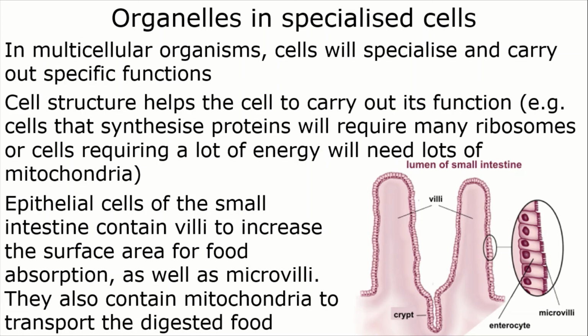And on the very right-hand side of the screen, the enterocyte cells that make up the villi are individual cells that then have these even smaller structures on, called microvilli. The villi and the microvilli serve to increase the surface area of the cells, meaning that there's more surface area for food absorption. They also contain many mitochondria, which is not shown in the diagram, but this increases the energy available to transport digested food.